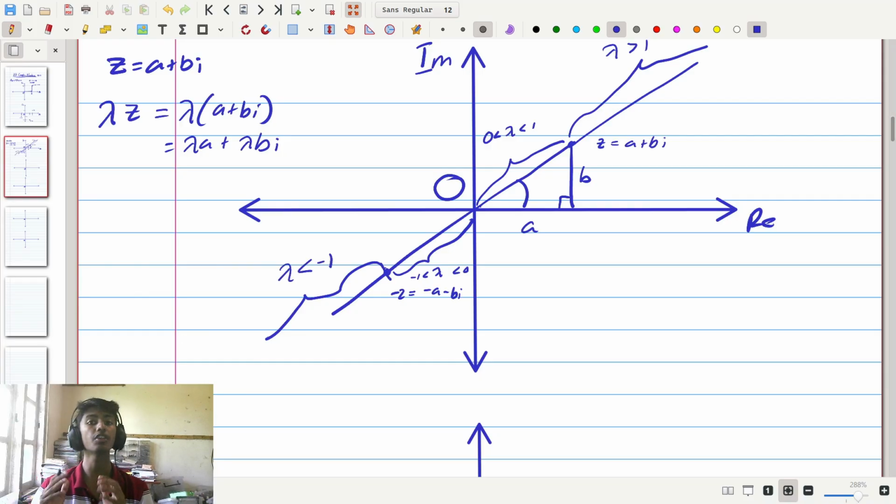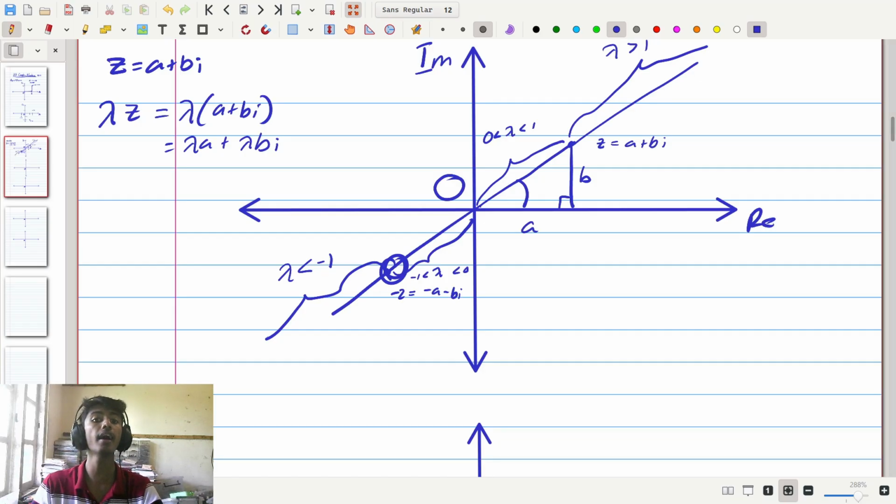And that is the full diagram of all of the different scalar multiples of lambda times z. If we have lambda times z where lambda is greater than 1, we're going to be in this direction. If we have lambda times z where lambda is in between 0 and 1, we're going to be like this, where this is the original point z. If we have a negative lambda between negative 1 and 0, we're going to be like this, where this is the point corresponding to negative z.